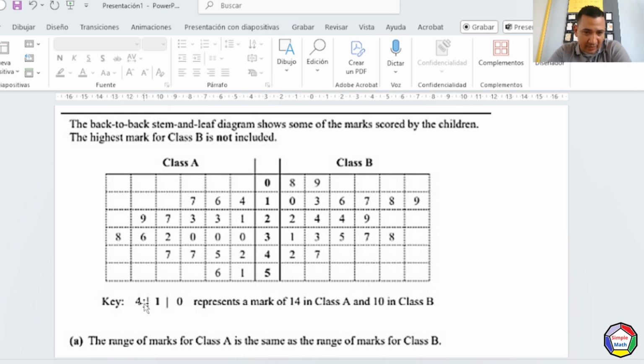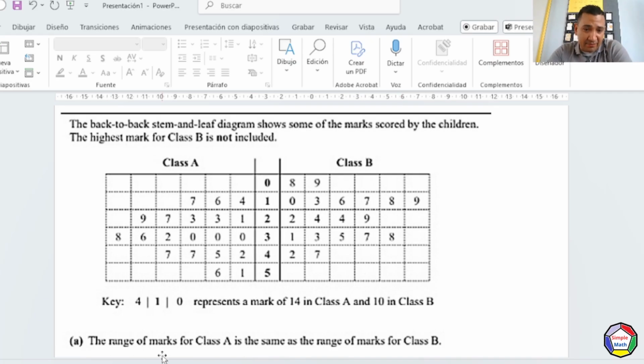So 1 and 4 makes the number 14 in class A. For example, 2 and 9 makes 29 in class A, and 4 and 7 makes 47 in class A. At the same time, 1 and 0 is the number 10 in class B.